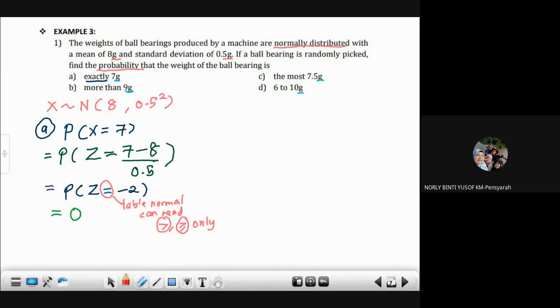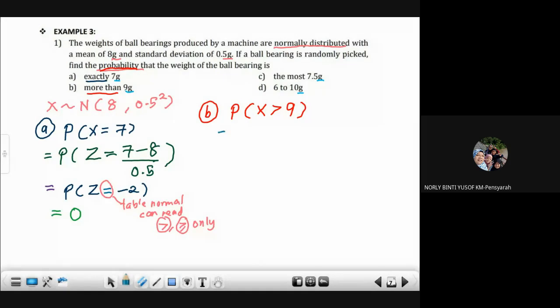And then for B, kita tengok soalan dia adalah more than. So kita pun bina P, probability, kena tulislah P because it's probability kan kat depan. X more than 9. You transfer the information in the question correctly, you dapat pengetahuan lah kat situ, step markah untuk pengetahuan.